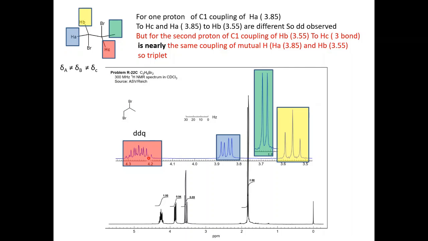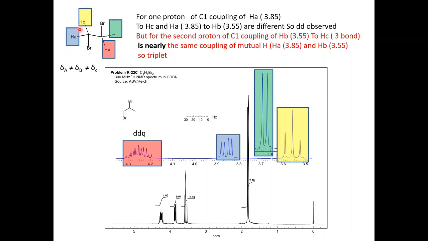Let me try to assign this spectrum. This proton and this proton HB lie here, and this methyl is the doublet and this HC is the quartet. So always assign this type of spectra very carefully. One proton of C1, this one, is 3.85, coming here. Another, HB, is 3.55.